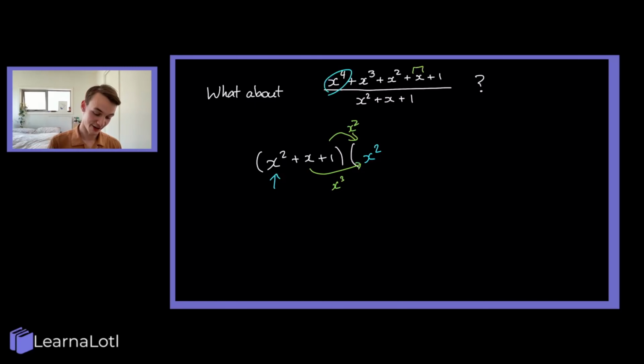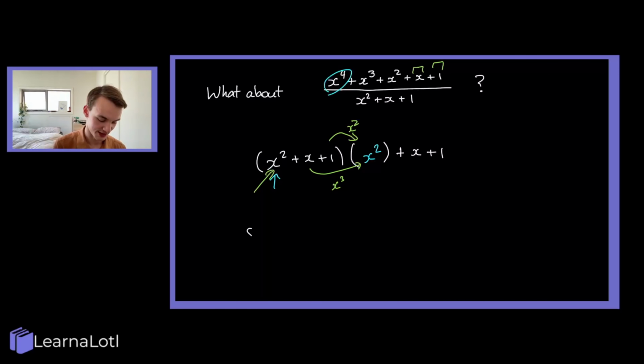All we have left is x and 1, and we can't get that by multiplying x squared by a non-negative power of x. So we actually have to stop the factorization there, and we have a remainder of plus x plus 1. But the game still worked. It was a weirder example because we were dividing by a quadratic, and a quadratic that looks a lot like our numerator, but it's the same game.